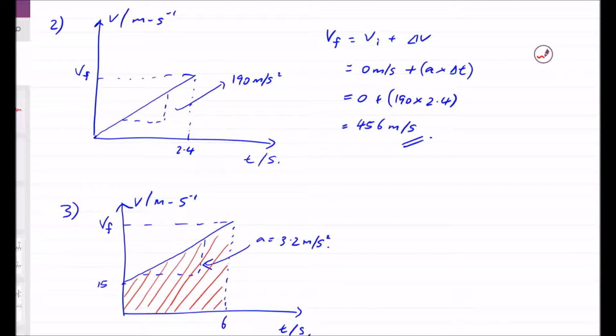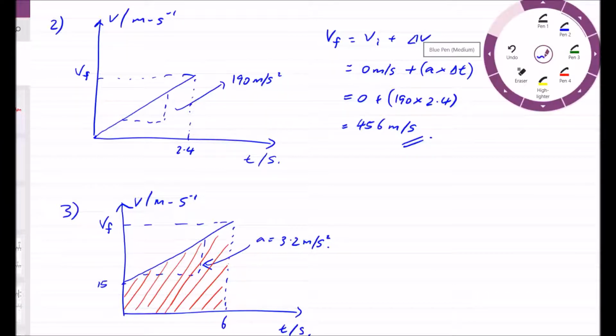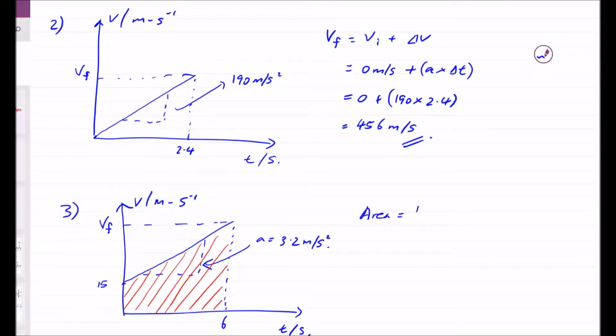The area under a velocity time graph gives you the distance covered during that time frame. I've shaded the area in red. So how do you find the area under the graph? We use this formula: half times base times sum of parallel sides.